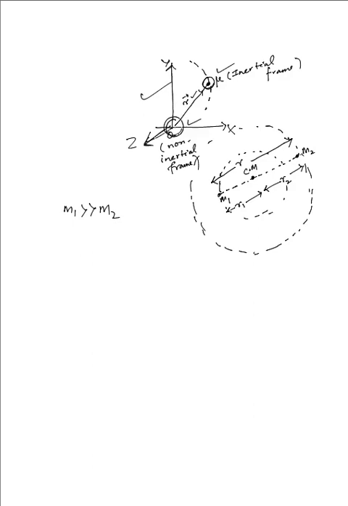Now if m1 is much greater than m2, what happens is that for mu, which is equal to m1 times m2 divided by m1 plus m2, this m1 can go down over there and get divided. So we are left with m2 over here, and m1 divided by m1 plus m2 divided by m1.